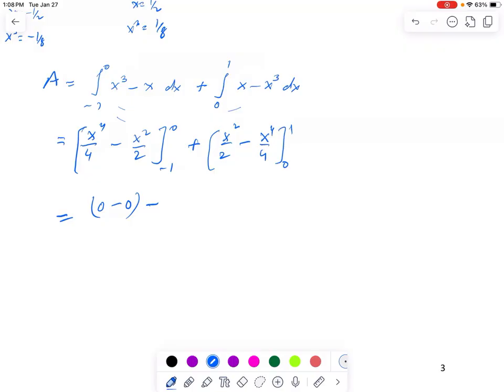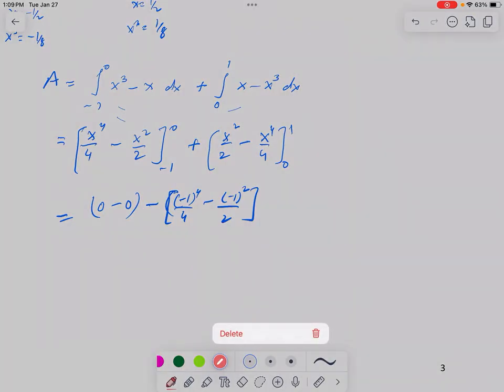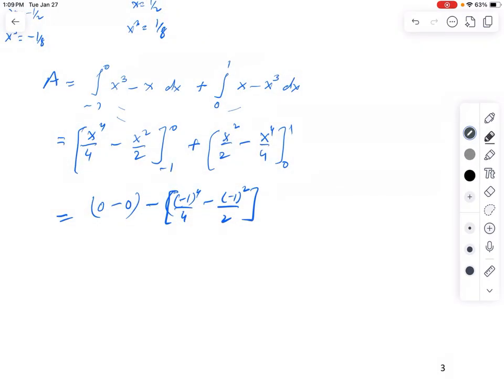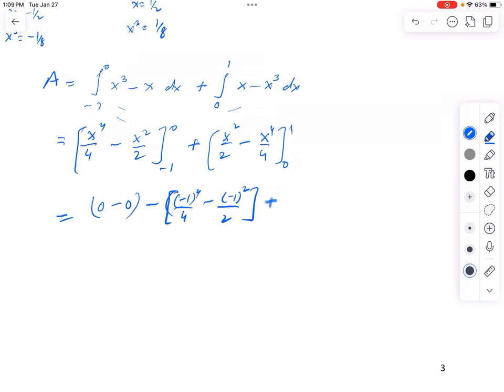So -1 raised to 4 over 4 minus -1 square over 2, plus, and I want to change the color here just to show you.